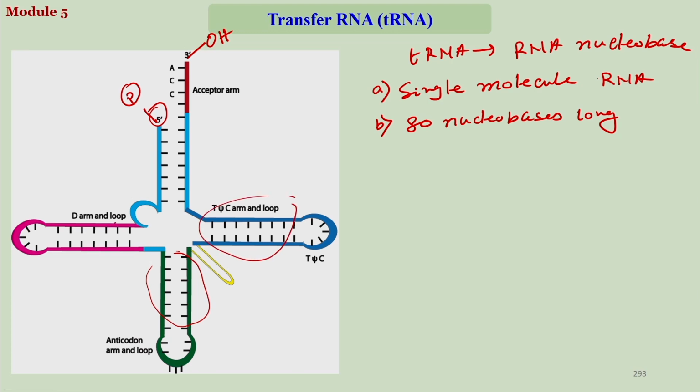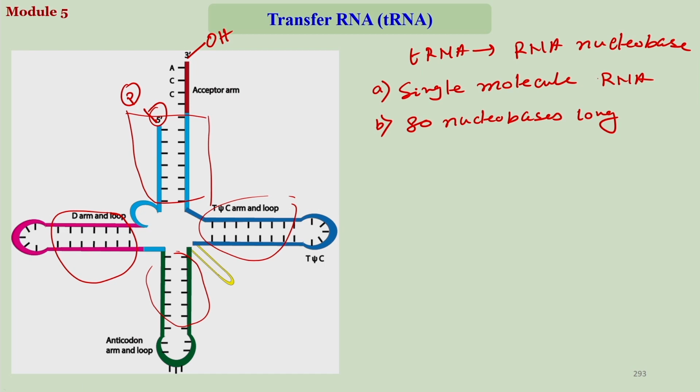This is a double strand region, this is a double strand region. So, many double strand regions are there, but this is a single molecule, which means it is partly self complementary in nature, and that forces the molecule to assume a double helix structure and a bend here, which is known as a loop.